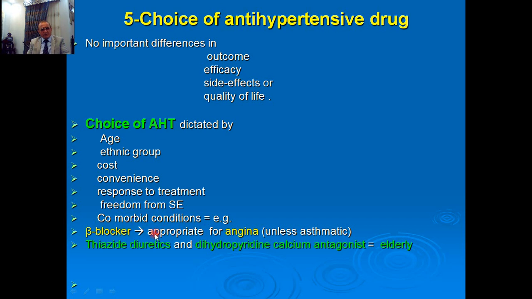For example, a patient having angina, then you should give beta blockers, and diuretics for elderly, and so on. This is the choice of antihypertensive therapy. So most people ask you, what is the best treatment of hypertension? The answer, we don't have a best treatment for hypertension. We have individualization of treatment, considering certain factors.